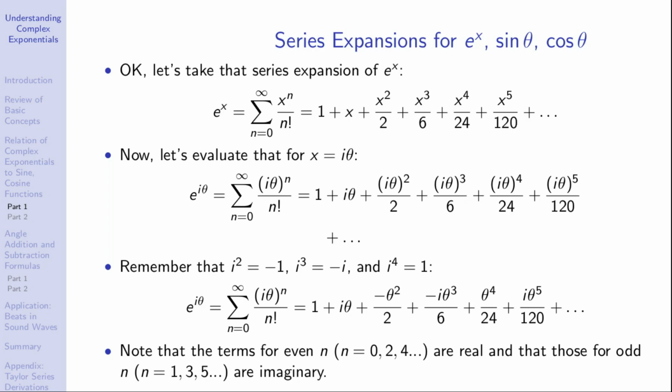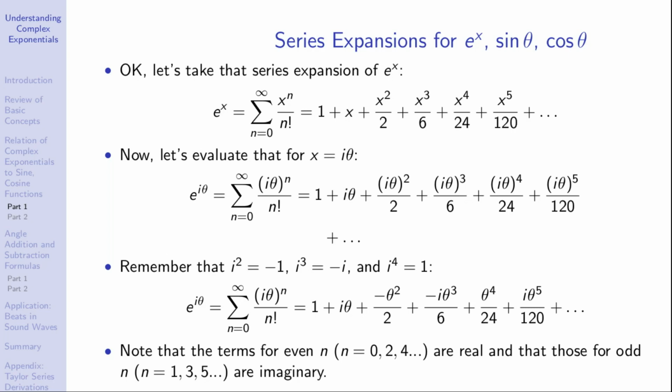The second term, i theta, just stays i theta. The third term, i theta squared over 2, becomes minus theta squared over 2. The next term, i theta cubed over 6, becomes minus i theta cubed over 6, etc.